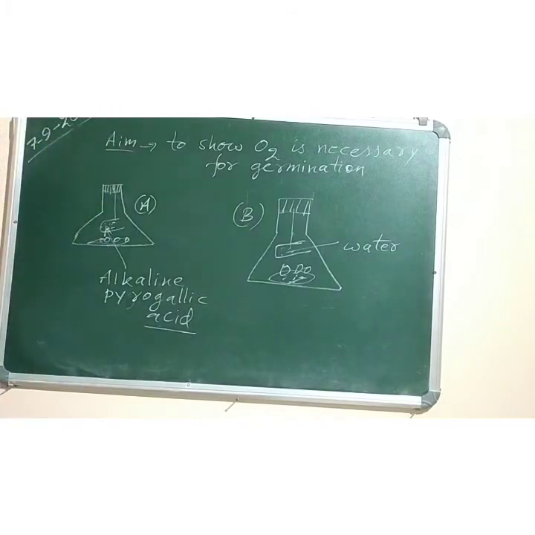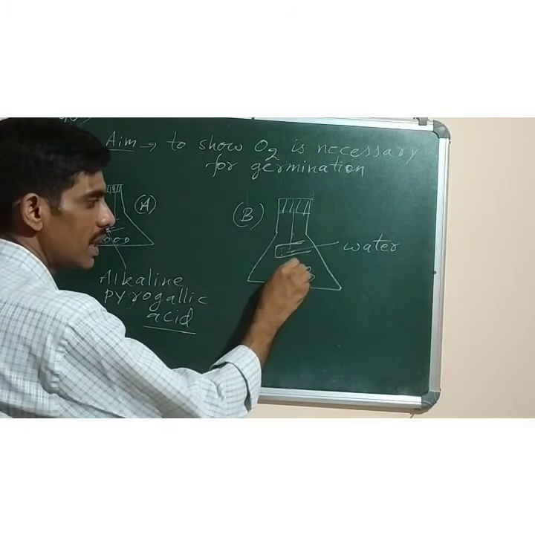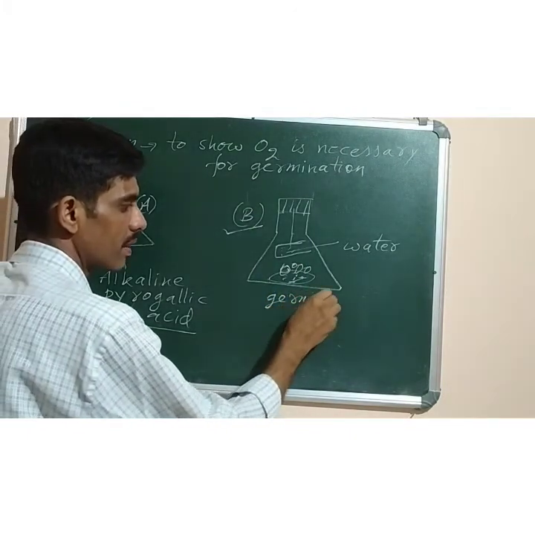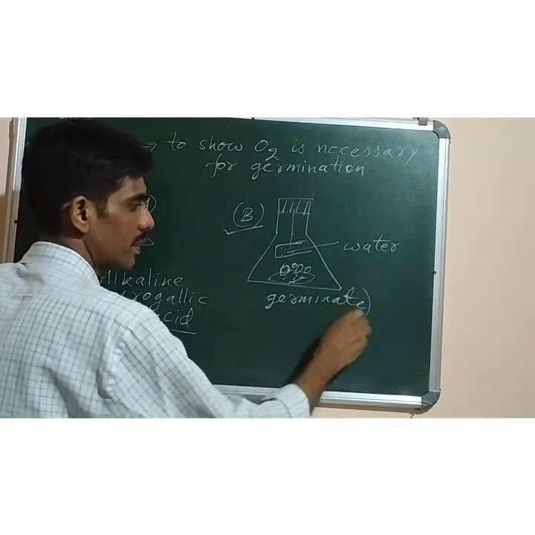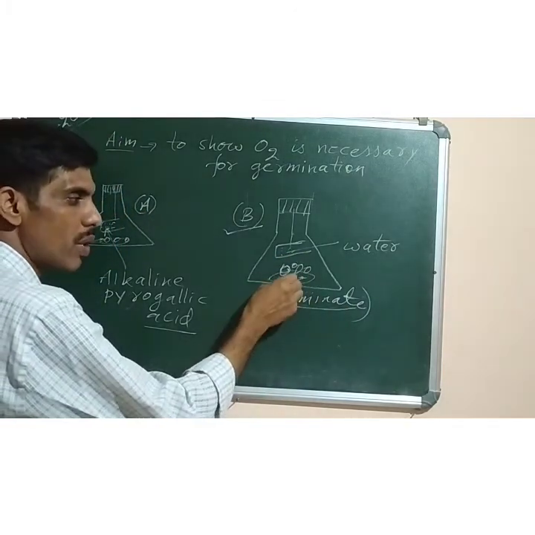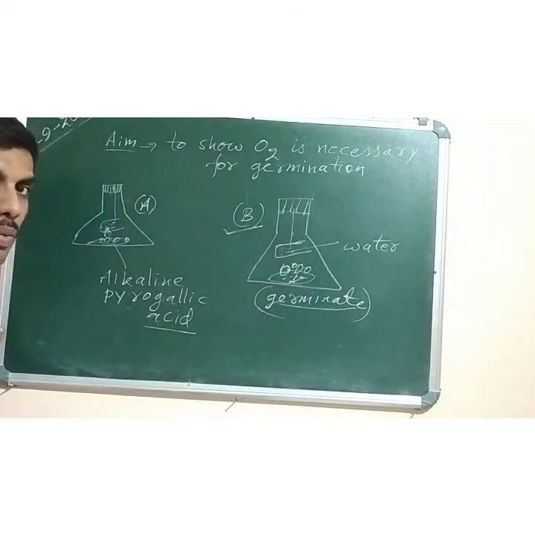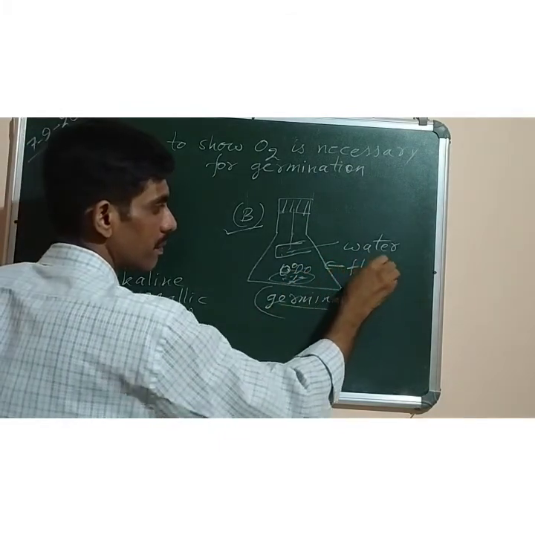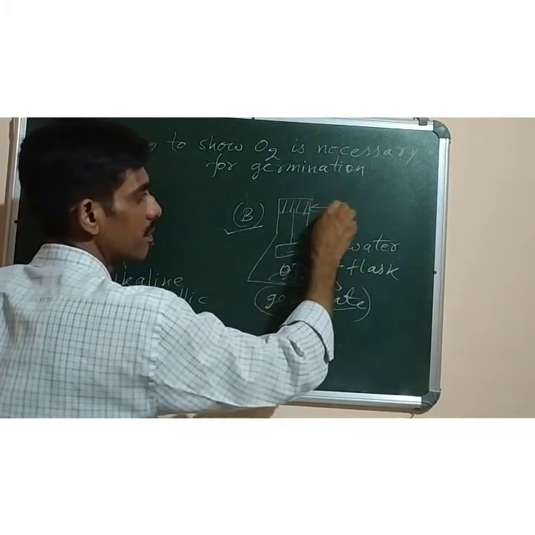You will find that the seeds which are kept in flask B, it will germinate. Why? Because the seeds get water from this wet cotton swab, which is kept at the bottom of the conical flask. This is the flask. This is the stopper.